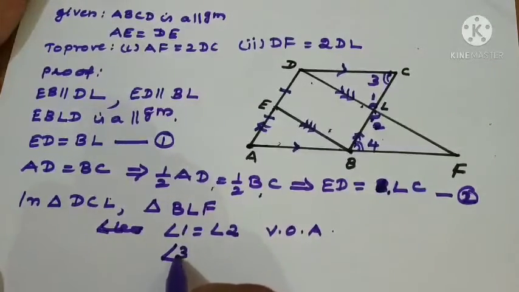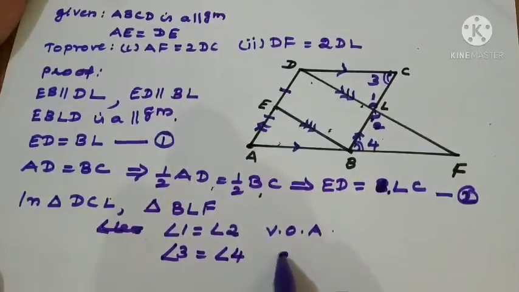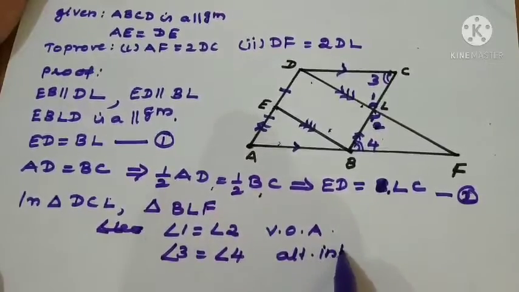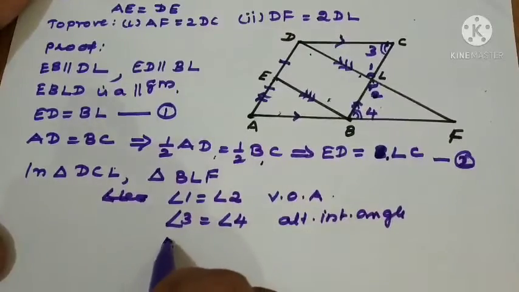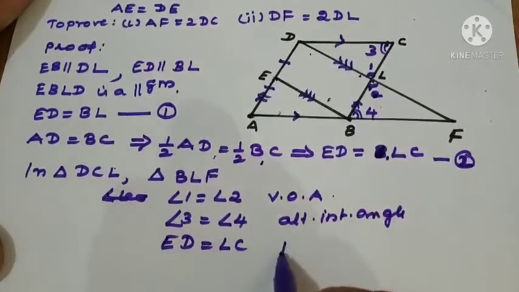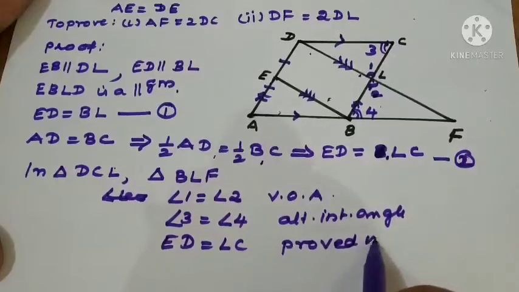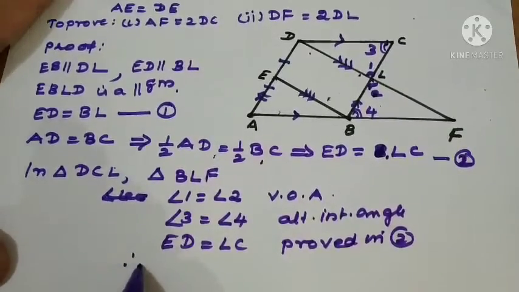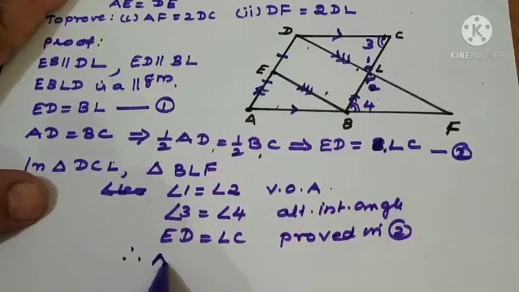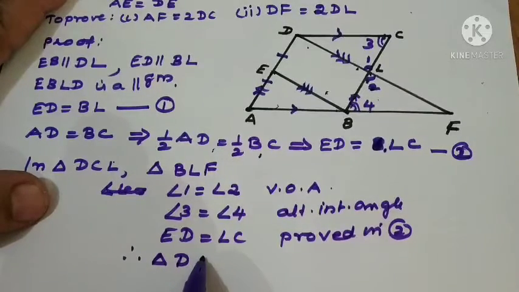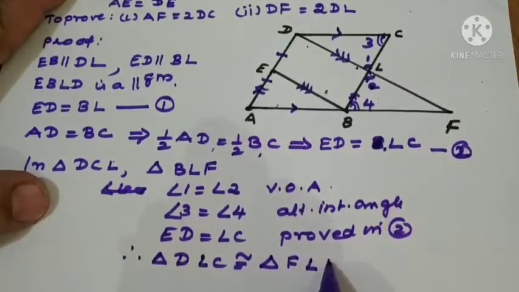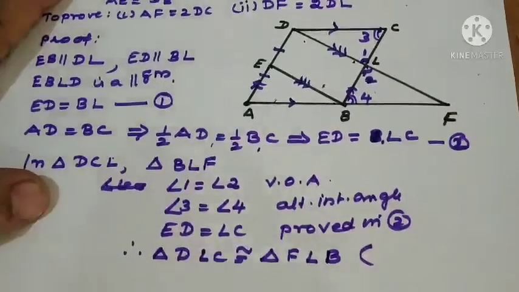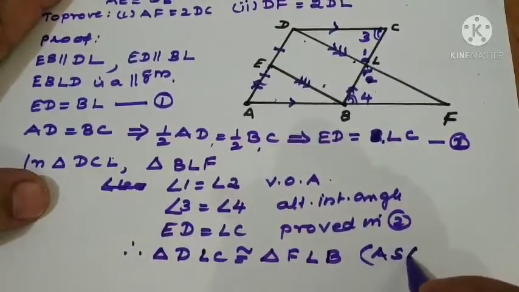So angle 3 equal to angle 4, that is alternate interior angles. Now using 2, what we got? ED equal to LC, proved in 2. Therefore, triangle DLC is congruent to triangle BFL. It is ASA criteria.